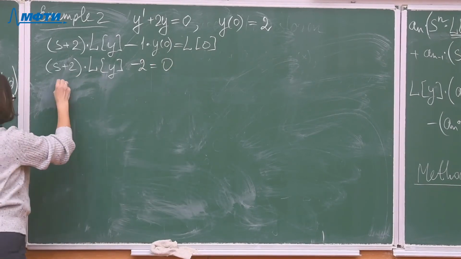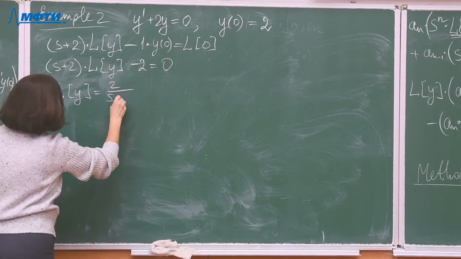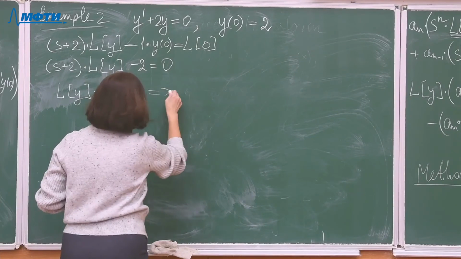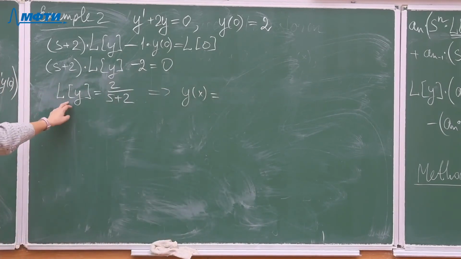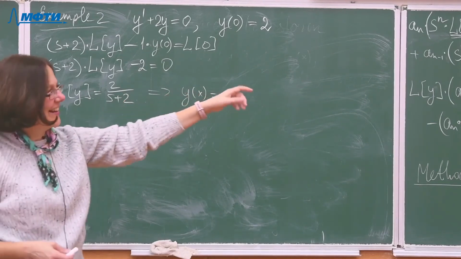Then L of y equals 2 over s plus 2. And now our goal is to guess the original function. Who knows how to find y? If the Laplace transform is 2 over s plus 2, what is y? Look at that part of the board.